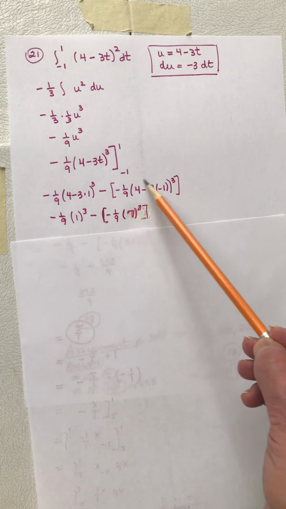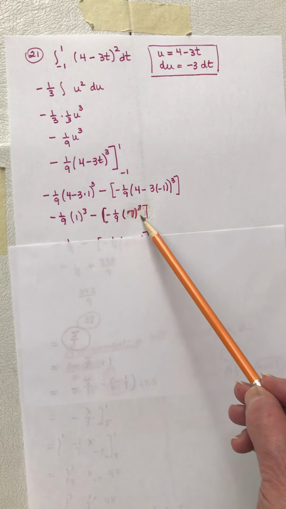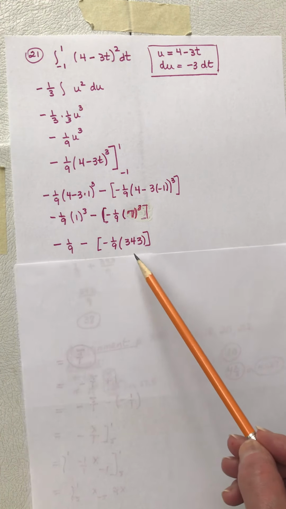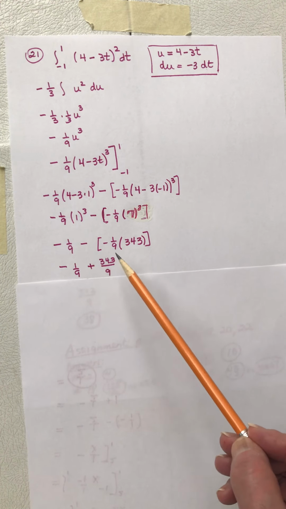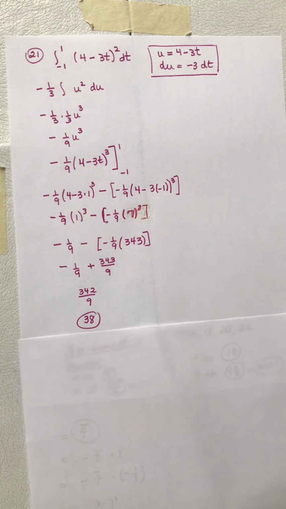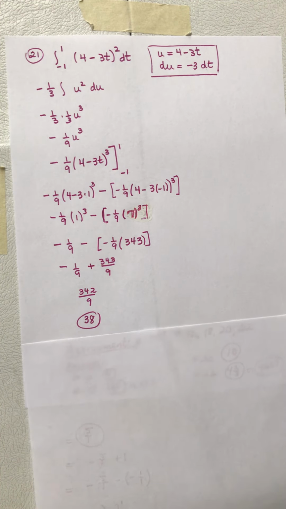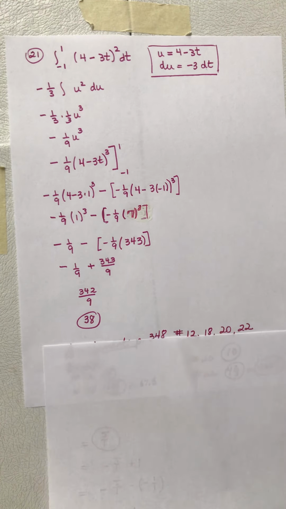And over here, this is going to turn out to be 7 cubed. If you do all that arithmetic, you'll get negative 1/9 plus 343 ninths, which is 342 ninths, which is 38. Same answer as before. Okay? Just wanted to show you that, but you could use the other method, and I'm fine with that.